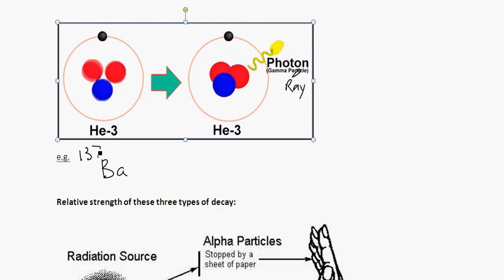barium-137, barium is atomic number 56, and we want to show that it has a high energy nucleus, unstable nucleus, and we're going to do that by putting a little star next to it. And if it's decaying by gamma decay, it's not turning into a new element, it's still barium-137.